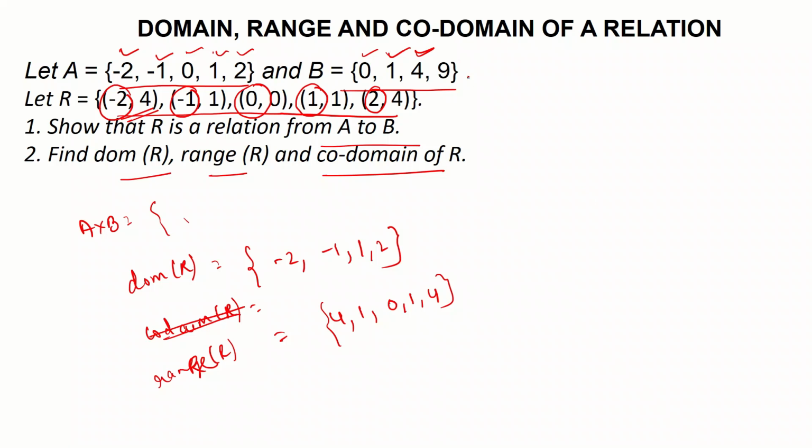Codomain is simply the set B. So if these elements are from B, then the entire set B is called the codomain. So make sure you're not writing down codomain as A, because all those elements from the left hand side part are domain, the right hand side part in this relation are range, and all of the elements in the set B, that means the set which comprises these right hand side part elements, form the codomain of R.